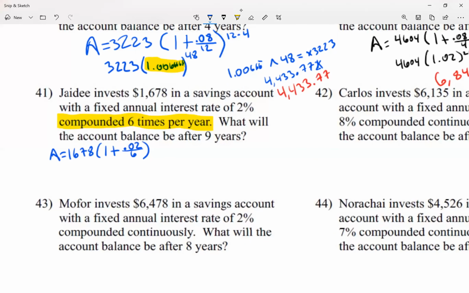The 6 is because it gets compounded 6 times per year. And then as an exponent, I know I have n times t. It gets compounded 6 times per year, and it's for 9 years. So 6 times per year for 9 years. That my exponent here is going to be 54.